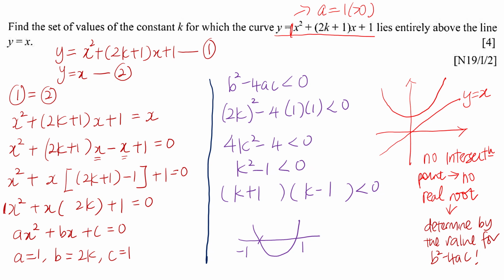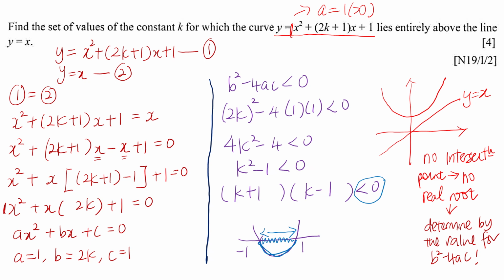But this is a quadratic inequality. So the region that you are interested in is this region here, which is less than 0. So less than 0 refers to this part of your curve. And the x values for this part of the curve will come from this line here, which is anywhere between -1 and 1.